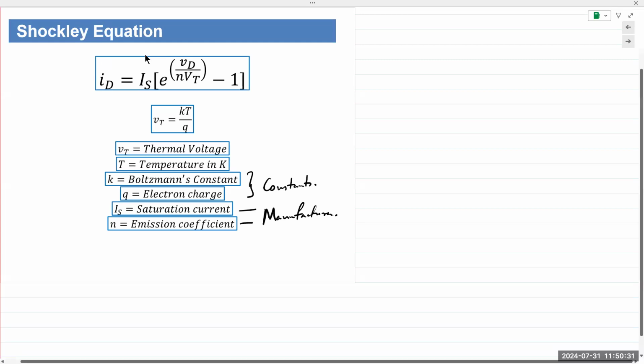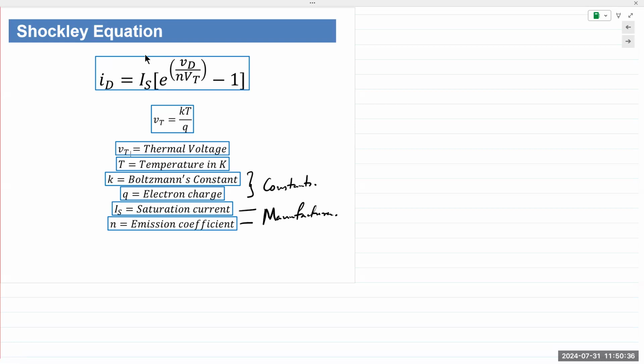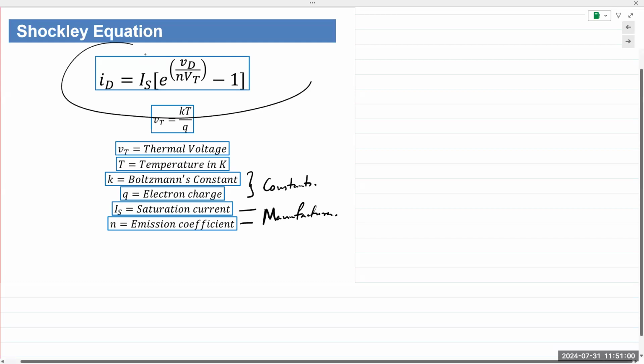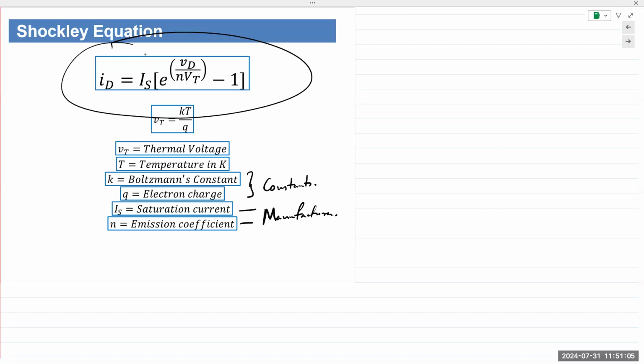This equation, as famous and as good as this model is, is only valid for a certain set of conditions. And I go back to the beginning where I say numerical methods: we cannot describe a device or a circuit or a system completely with just one model. So while this equation is valid for most conditions, it ignores a lot of other things.